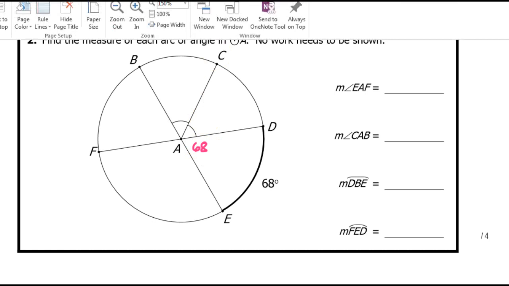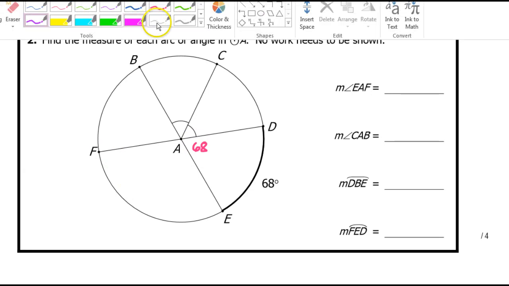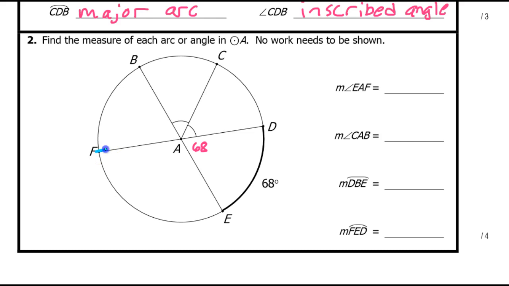I'm going to constantly be looking around for diameters. For example, I like to draw my diameters in turquoise for some reason. Don't ask me why. So here's a diameter. That makes this down here a semicircle.